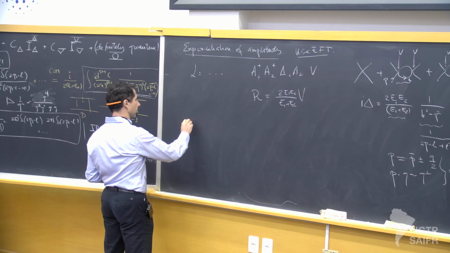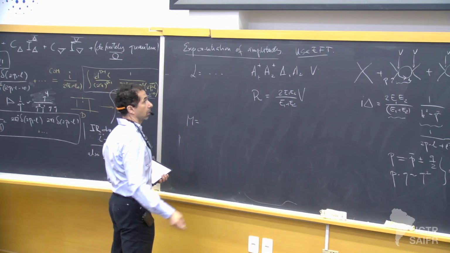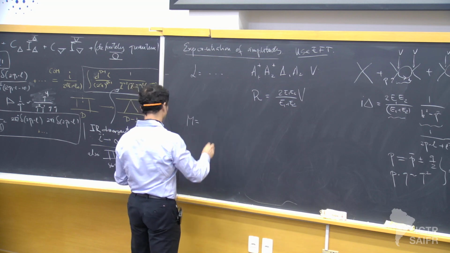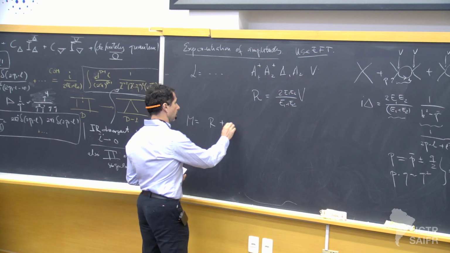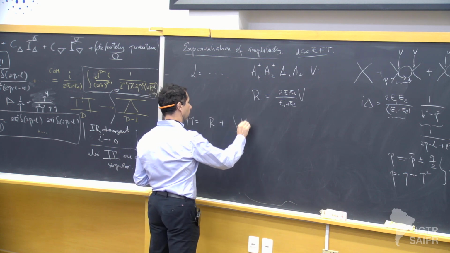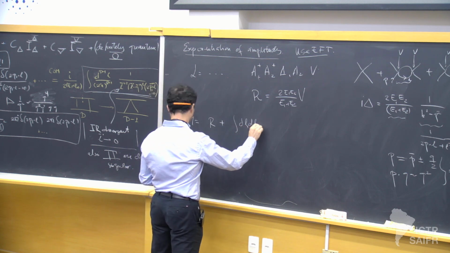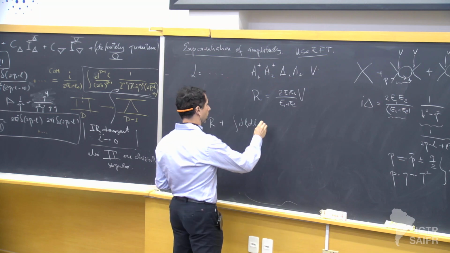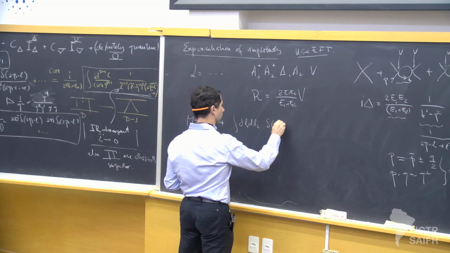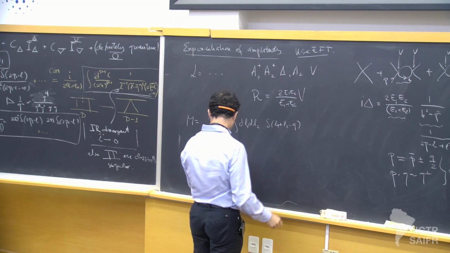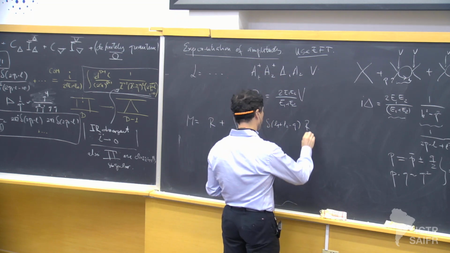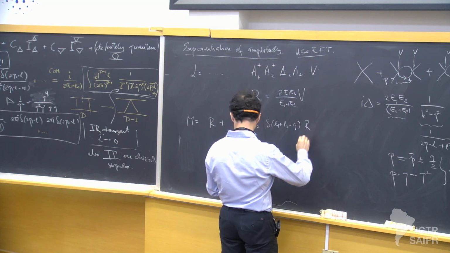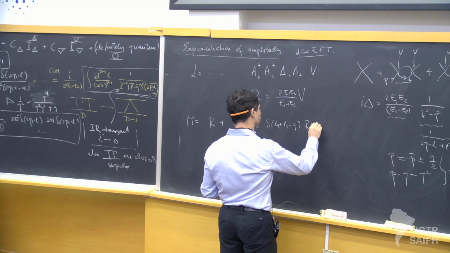So the amplitude starts out its life as just R plus an integral dL1, dL2, and then delta of L1 plus L2 minus Q, and then there is an R of L1.